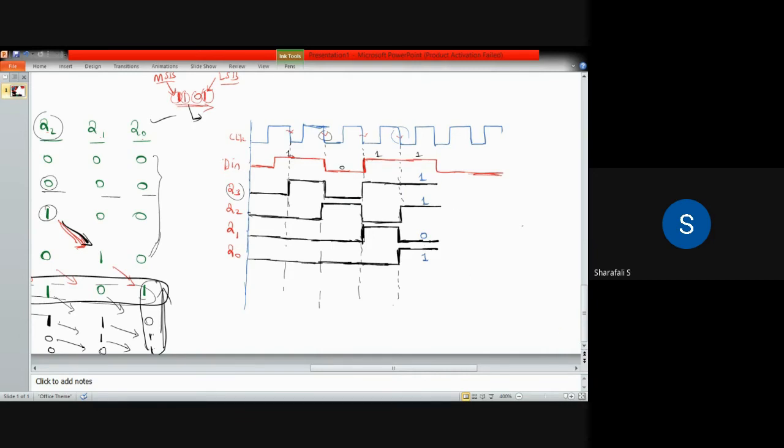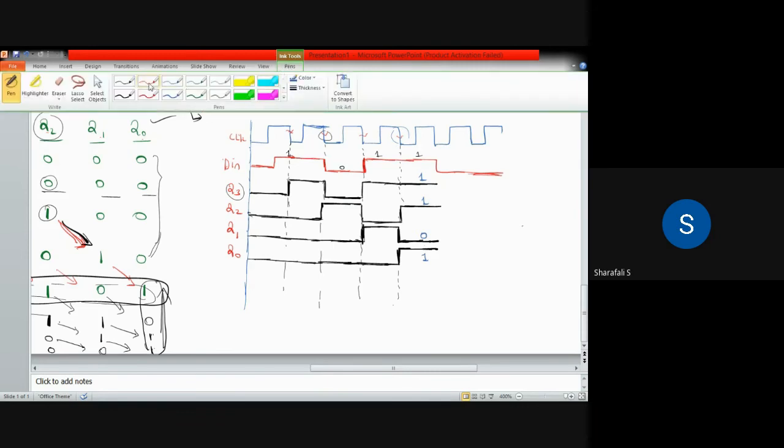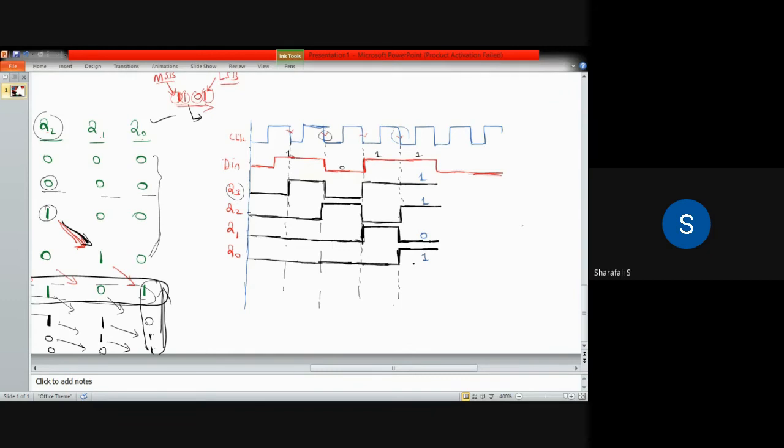Now, if you further draw, continuously draw this, I'll show you. So now your Q0 is 1. You got this 1 as your output, and this will be shifted continuously as the clock pulse goes. So we can have continuous variation. Let's say this is the next 3 edges.